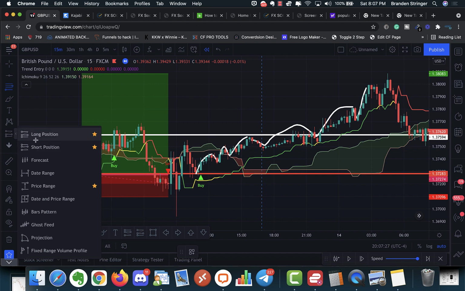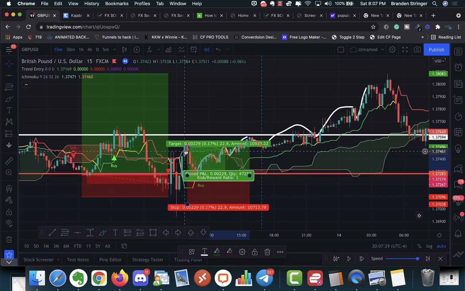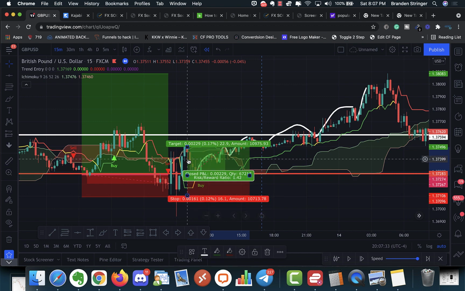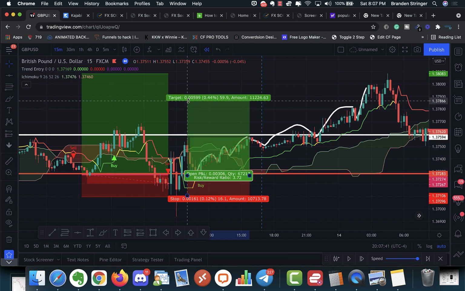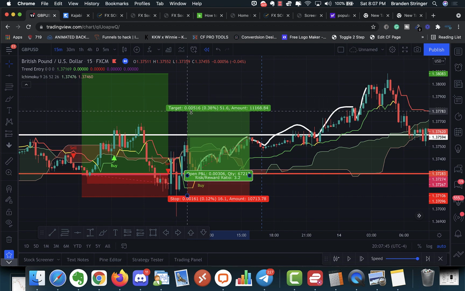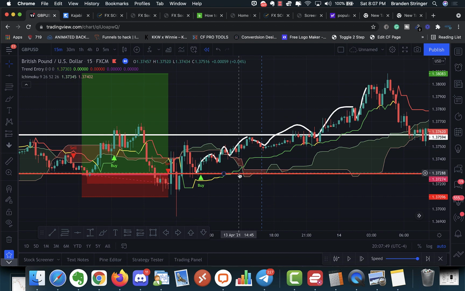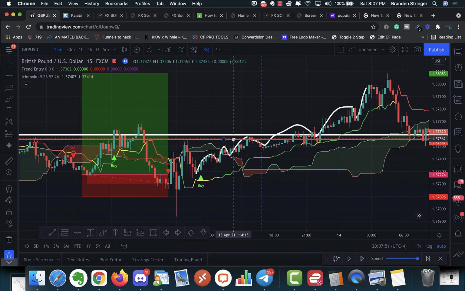If I had to guess, if this is where we got in at, and this was our stop loss originally, our 1 to 1 would be, oh, this is 1 to 2. So look, we're at our 1 to 1 when we went to break even. So now we are at about 1 to 3, right? Once we get to about 3, or around that area, I would move my stop loss to a 1 to 1 or a 1 to 2.